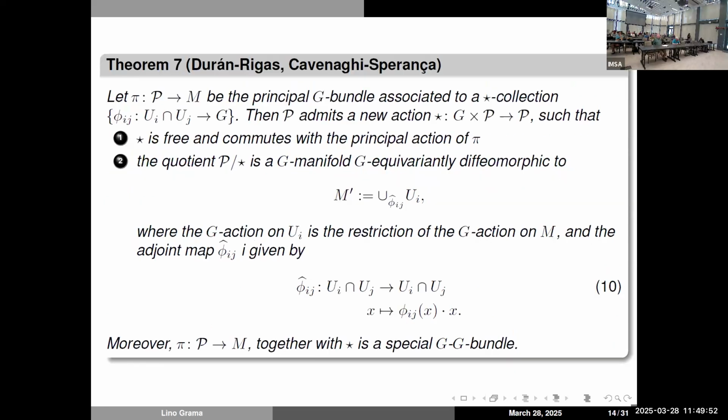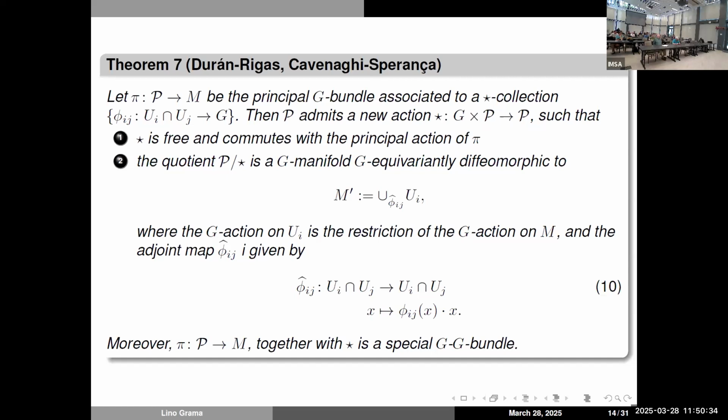And that is a very important theorem. If we start with a principal G-bundle associated to the star collection, a family of functions, at this point we start with the principal bundle, and on the principal bundle there is an action of G. Assume I can cover this manifold by some special open sets, and there are transition functions in the star collection.